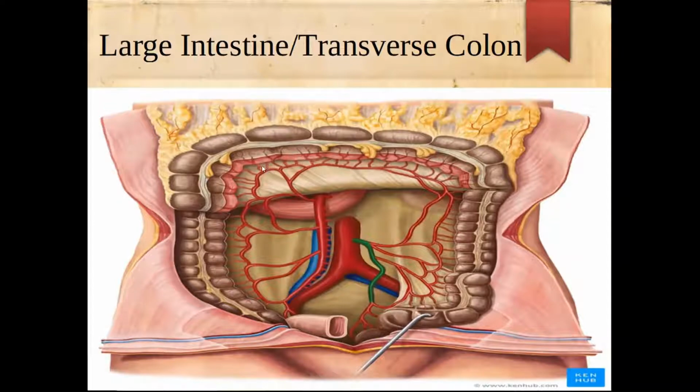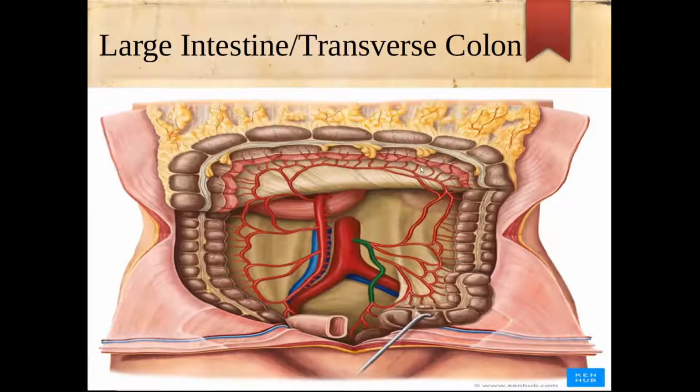This is the right branch of the middle colic artery. It makes an anastomosis with the ascending branch of the right colic artery and supplies the hepatic flexure and the proximal two thirds of the transverse colon.